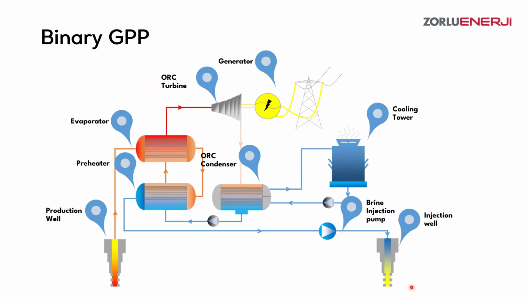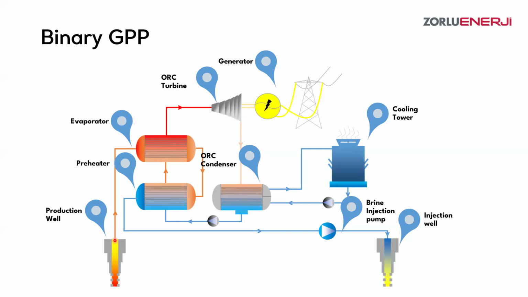The second system we will be seeing is a binary geothermal power plant, which basically suggests that we are using a binary fluid in the system to create electricity. In here, again, we could have some brine or steam mixture or just brine.